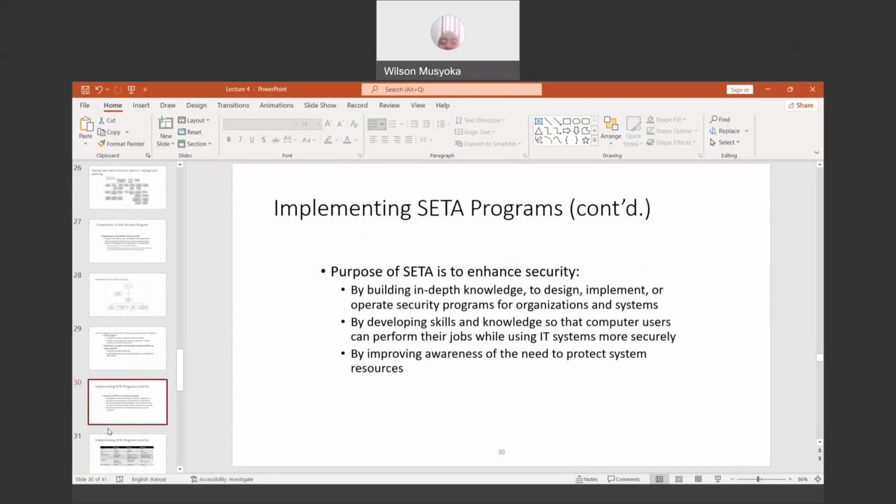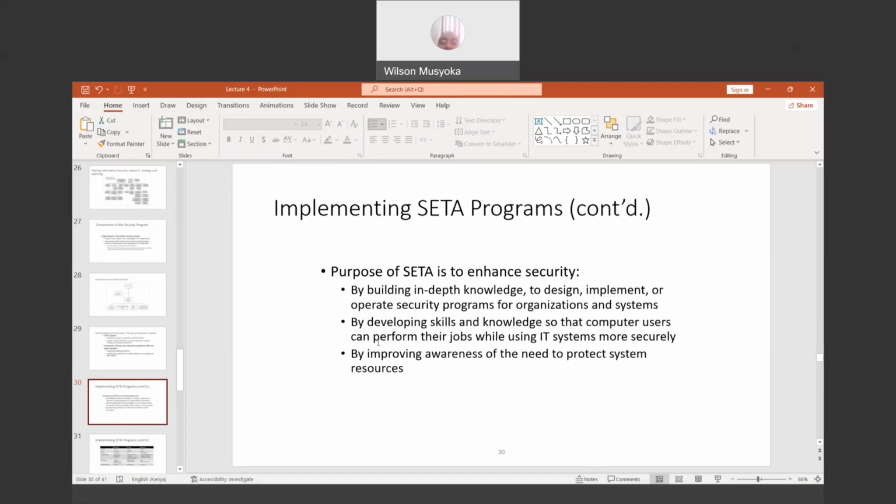How do you implement this SETA program? You implement it by building in-depth knowledge to design, implement, or operate security programs for organizations and systems.